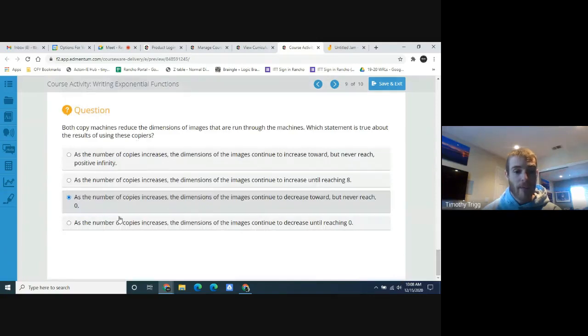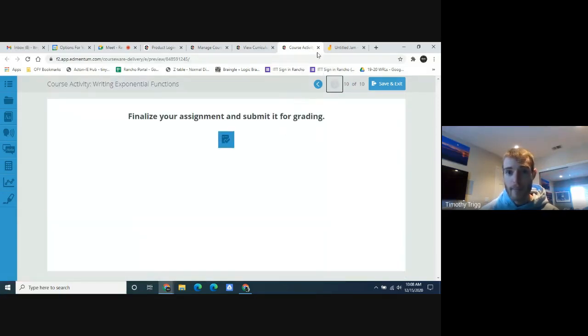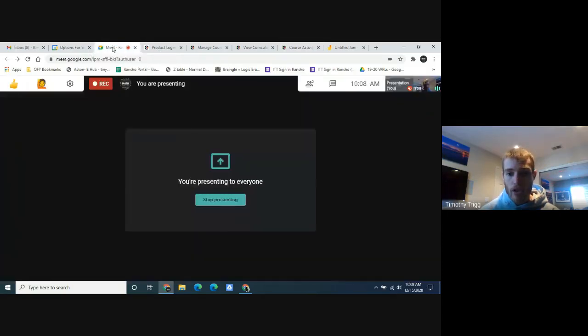So it approaches but never reaches 0. Let's take a look at the last one, just to make sure. As the number of copies increases, the dimensions of the images continue to decrease until reaching 0. Well, no, because it won't actually reach 0. Okay, and that's it. I feel like that activity was not too bad.